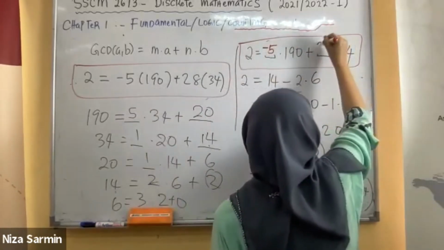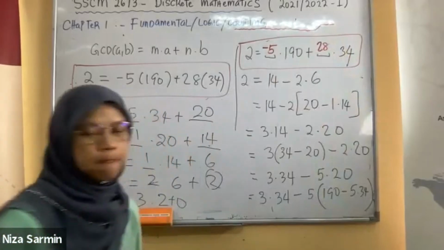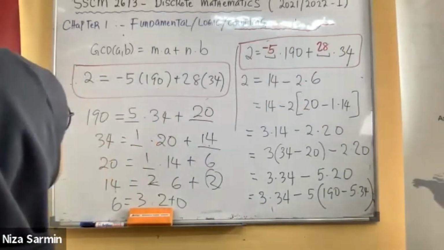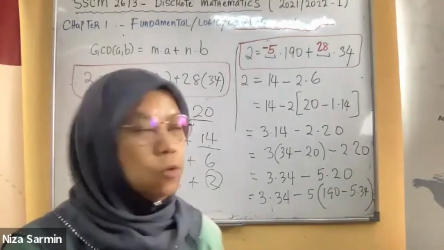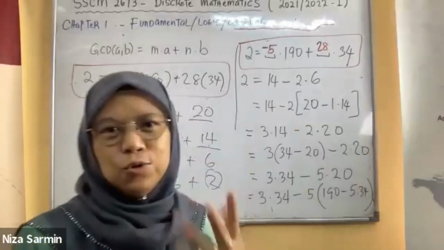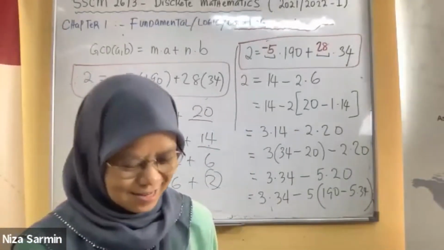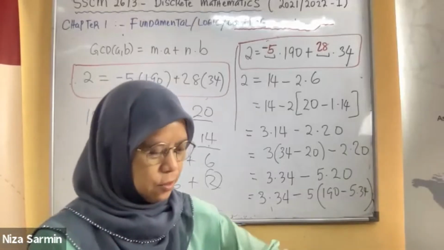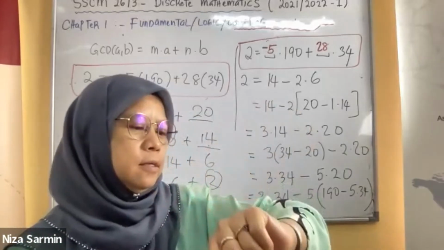This is 28. So imagine if you don't follow this Euclidean algorithm and you have to find this. You cannot do trial and error.